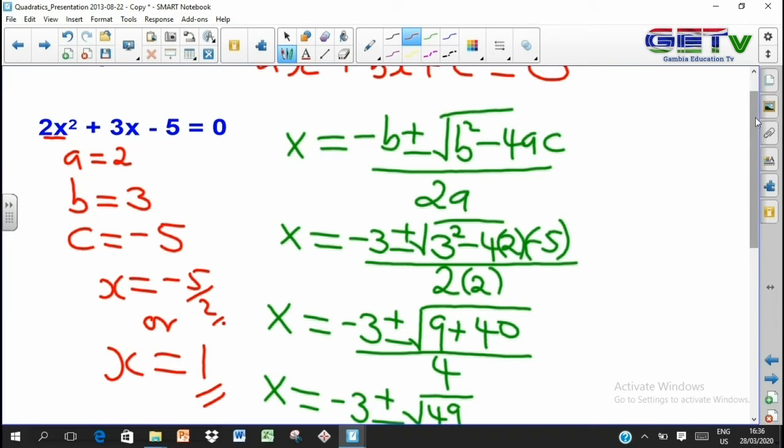These are the two solutions which, when you substitute into the equation, by solving what is on the left-hand side, the answer must be equal to what? 0.